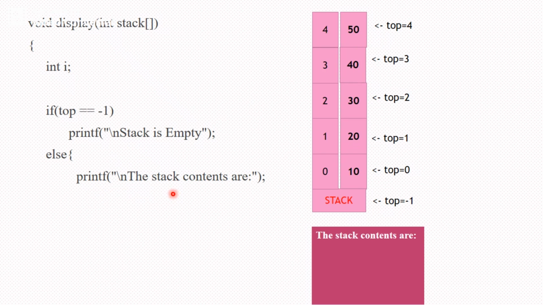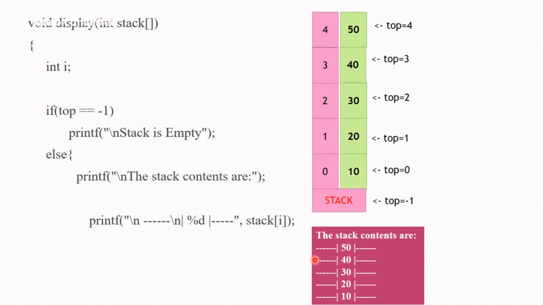So when I say printf stack contents are, something like this gets printed on the output screen. So first I will print 50, next I will print 40, next 30, next 20, that is top should go from 4 to 0. Next 10.